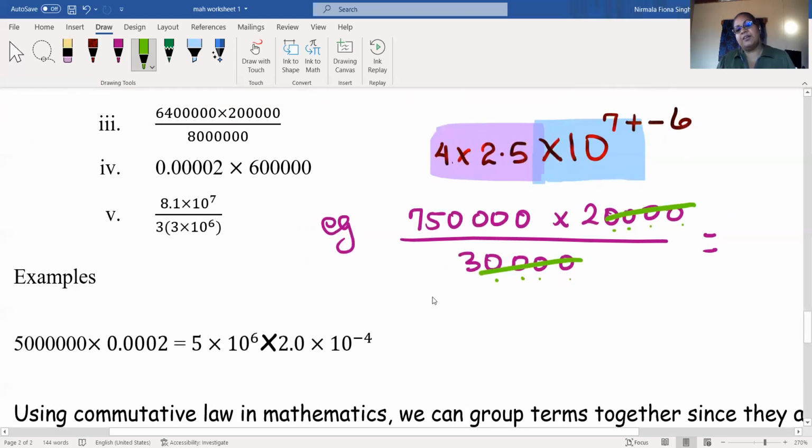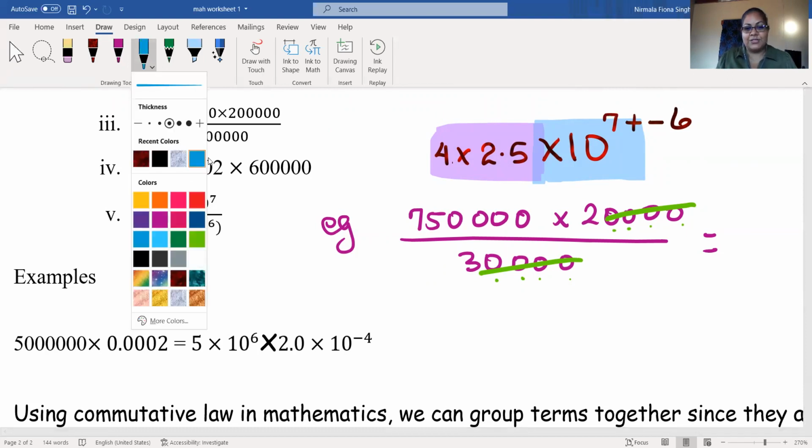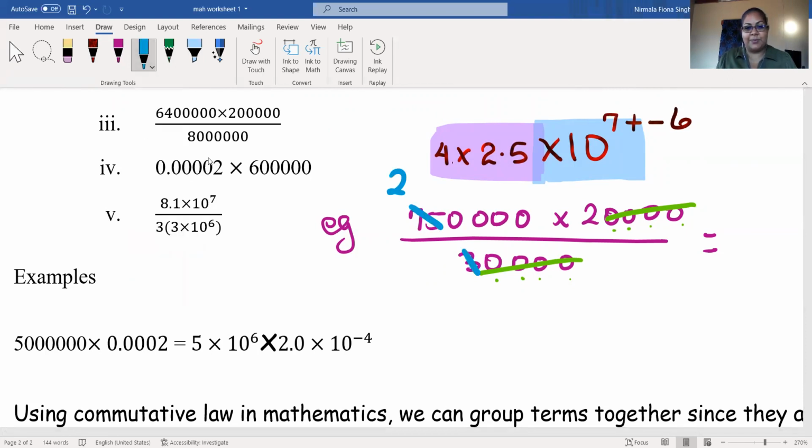Is 3 and 75 related? Yeah, 25 could go in 75. Right. So then we go and cancel again. Let me use our next column. Right? 3 could cancel this and I end up with 25.